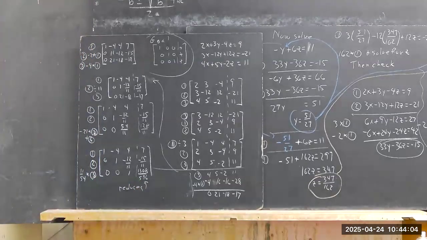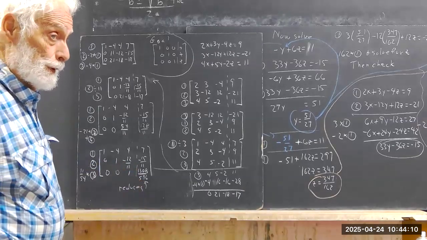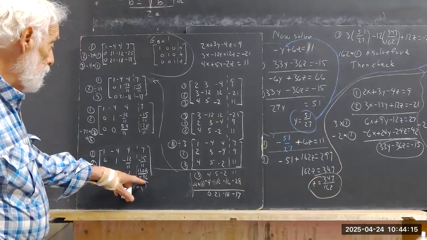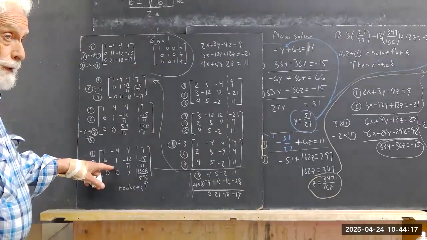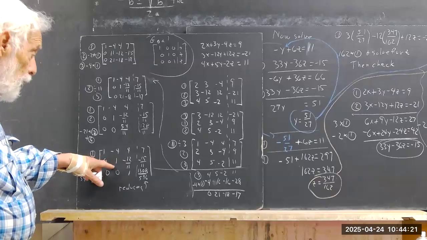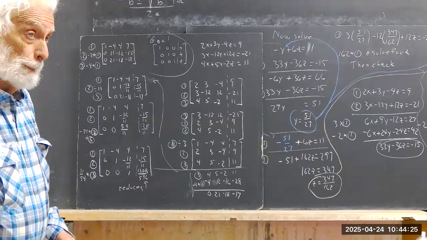So what do we know? At this stage, we know z equals this. Okay? Since we know that z equals this, what does this equation say? It says y minus 12 over 11 z equals negative 15 over 11, right?